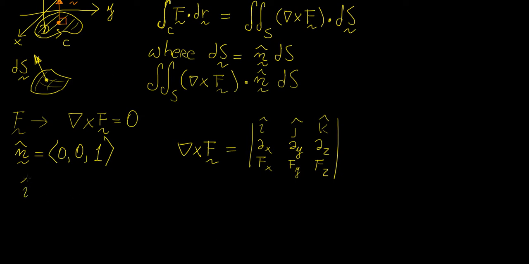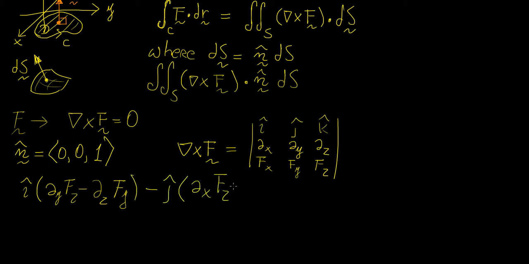We're going to have i times some components: partial y of Fz minus partial z of Fy, minus j times partial x of Fz minus partial z of Fx. Actually, this should be partial with respect to z here. And then finally, we're going to have k times partial x of Fy minus partial y of Fx.